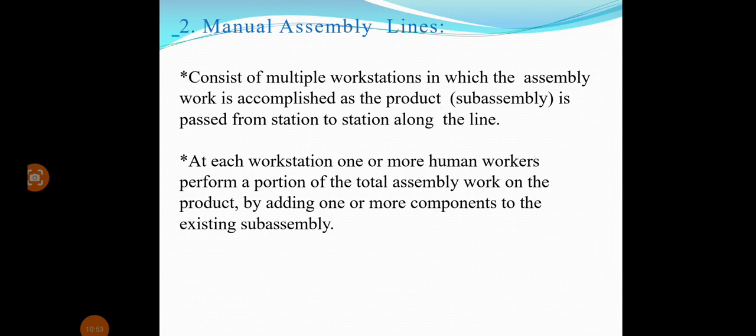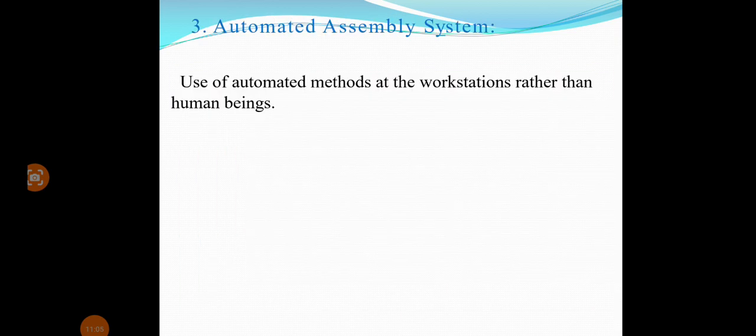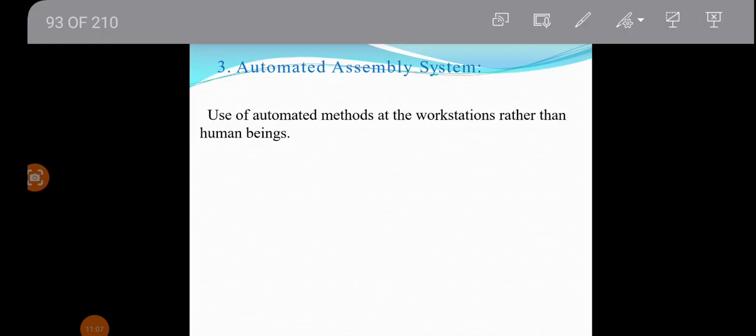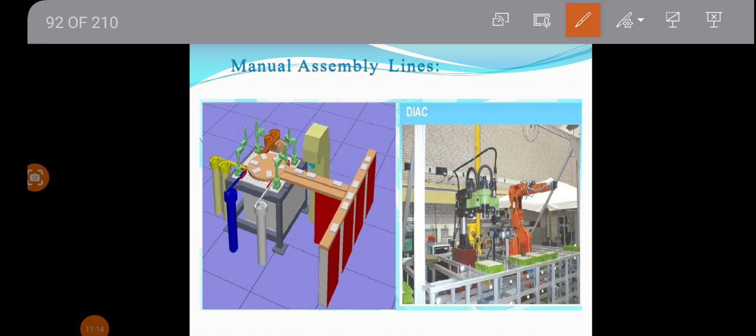This is the view related to this particular one. See here, this is the manual assembly line diagram. In this diagram, the white color indications belong to individual elements.